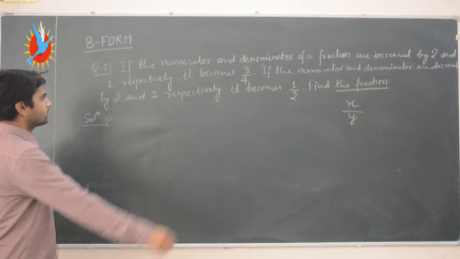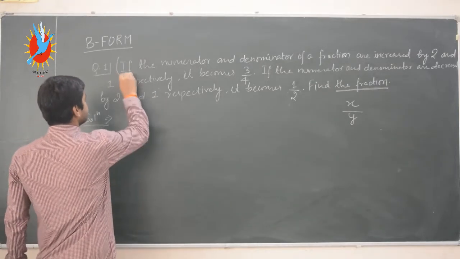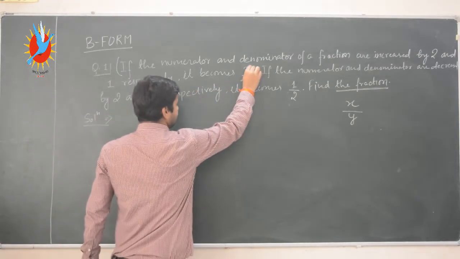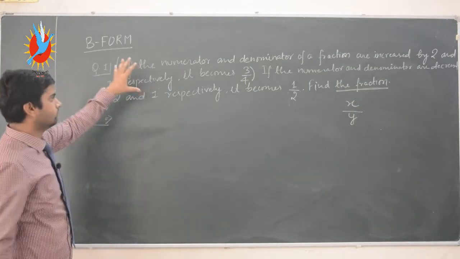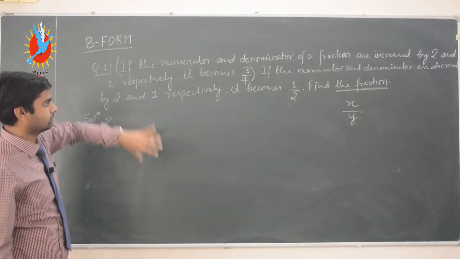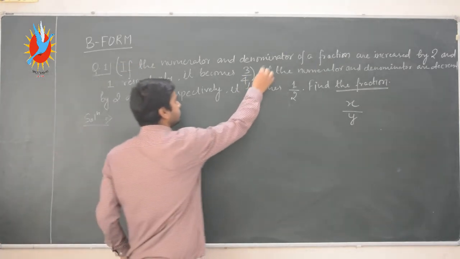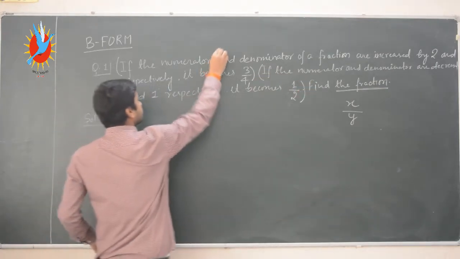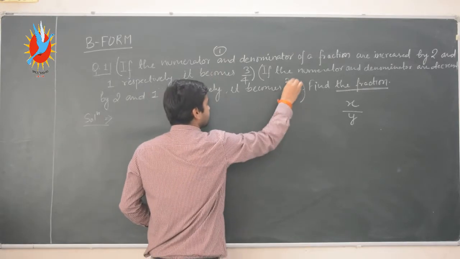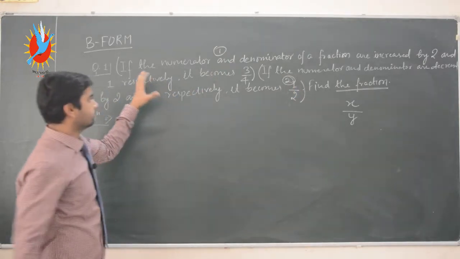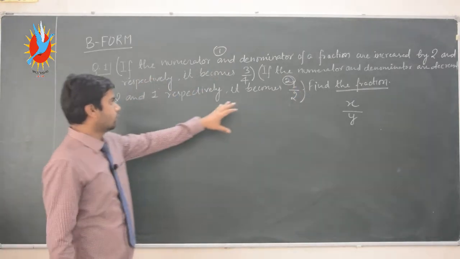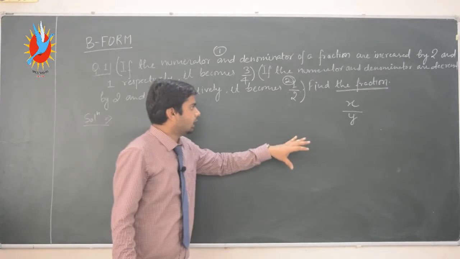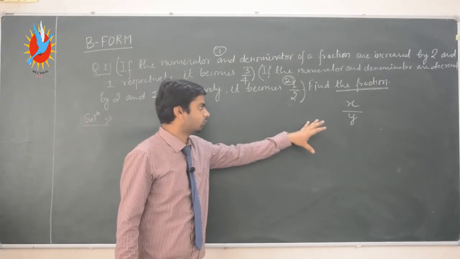Here condition 1 starts from here and ends here. This condition 1 will give our equation 1, and this is condition 2. Condition 1 will give one equation and condition 2 will give the second equation, and we have two variables x and y.